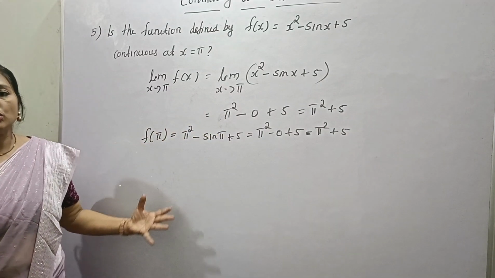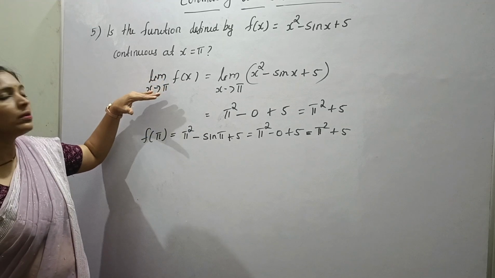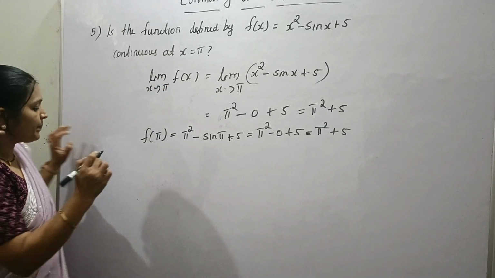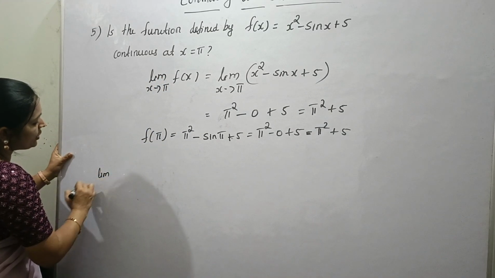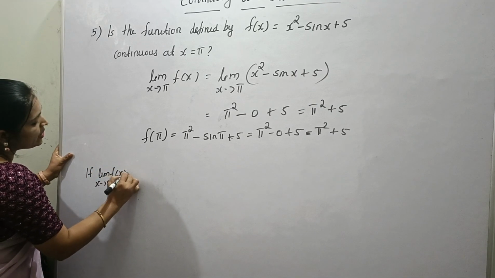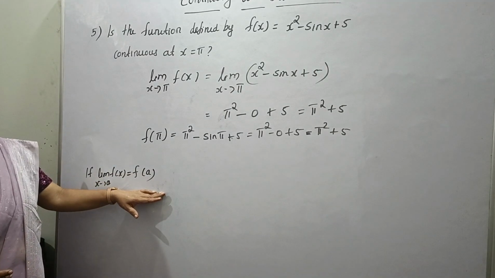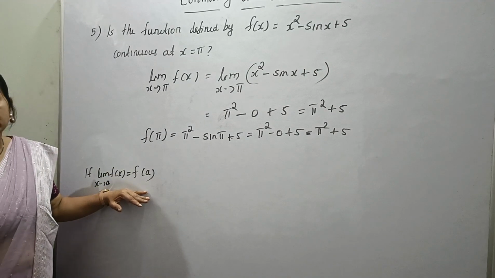By the definition of a continuous function, what is it? If limit x tends to a of f of x is equal to f of a, right? Then we say the given function is continuous, otherwise it is discontinuous.